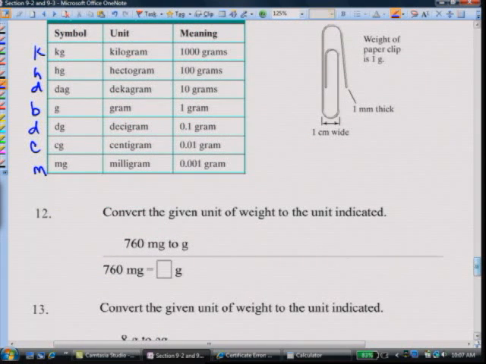Okay, so if we have 760 milligrams and we want to convert that to grams, we can use our dimensional analysis, but I like to use the little mnemonic, King Henry died by drinking chocolate milk. The base here is the gram. Now we want to go from milligrams to grams.